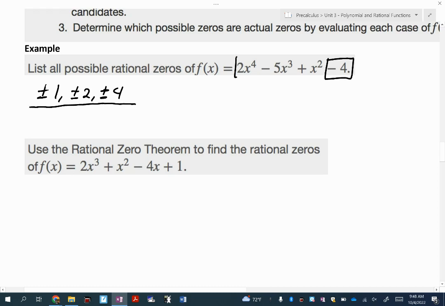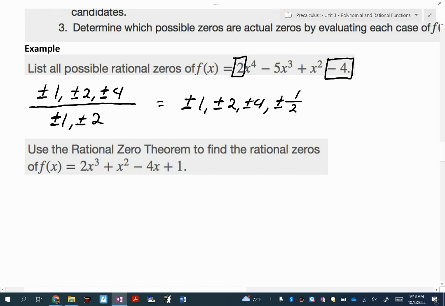Divided by, go to the leading coefficient. All right, I should circle just the leading coefficient. Sorry about that. And what are factors of 2? Plus or minus 1 and plus or minus 2. So when I divide these, here's how I write it. I just write as if you're dividing them all by 1. And then if I take my numbers at the top and divide by 2, I get 1/2.